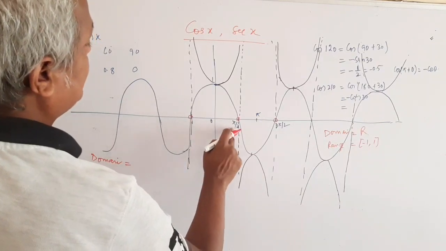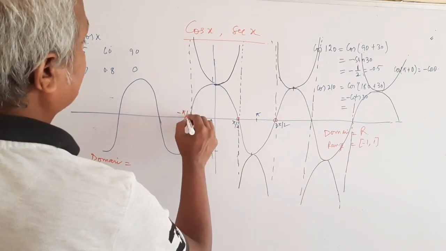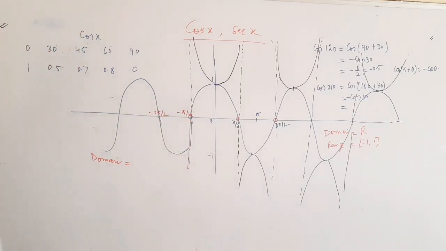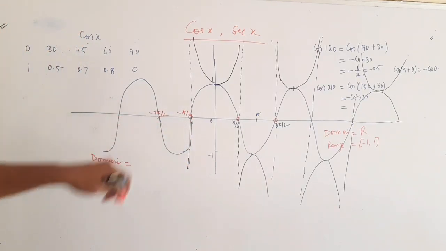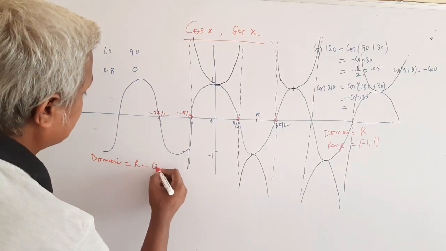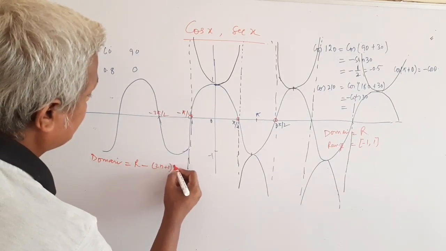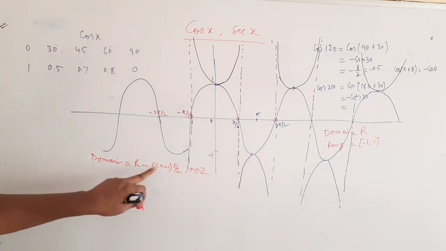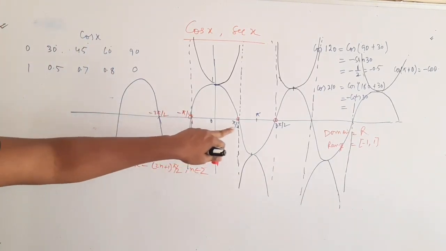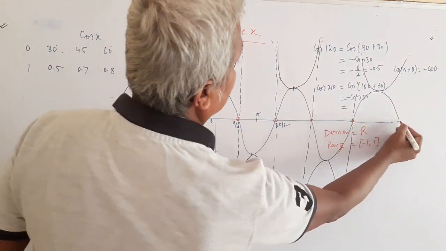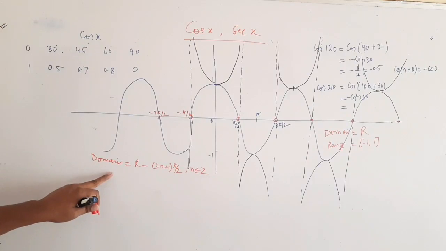So 0, pi by 2, this is minus pi by 2, this is minus 3 pi by 2, because the cos is 0 at the odd multiples of pi by 2. So we will write R minus (2n plus 1) pi by 2, where n is an integer. So (2n plus 1) pi by 2 means odd values. So these values should not be included in the domain of sec x.